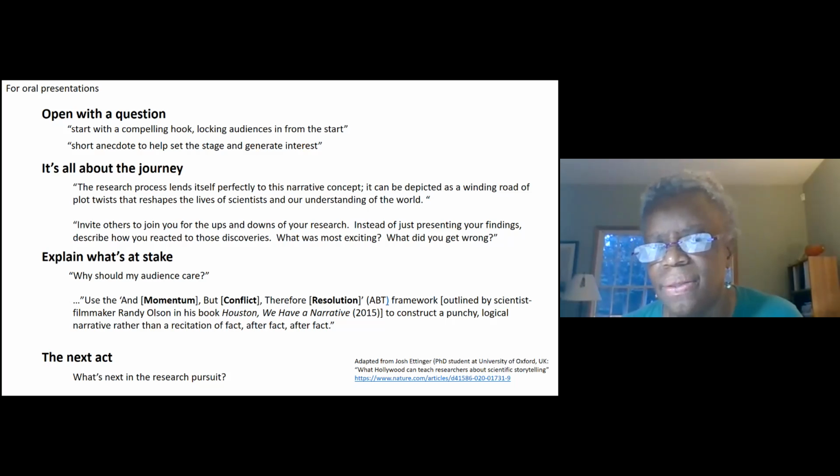And so the interesting thing about And, But, and Therefore is that we have a tendency when we're talking about our research to do the step by step by step by step, right? All the facts get laid out, all the facts get laid out. And sometimes the facts, I mean, we don't want to modify the facts, but sometimes they don't complete the story in a way that's necessarily interesting.